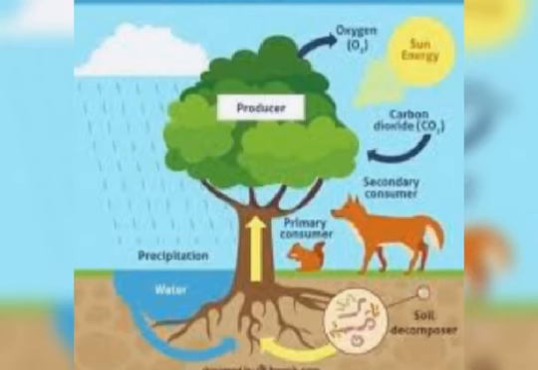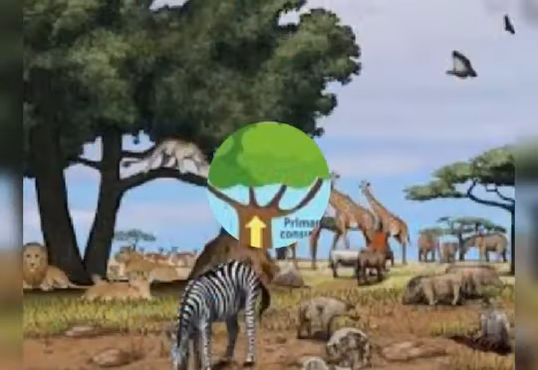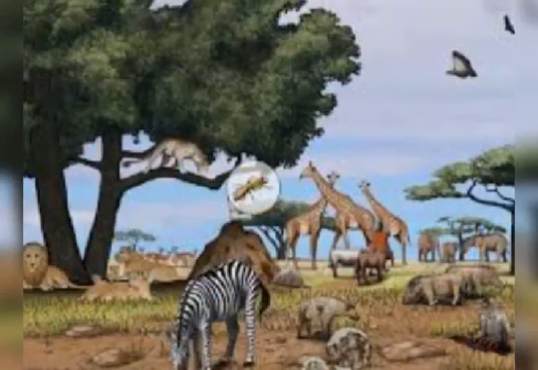So this biotic plant depends upon the abiotic factors. Now this plant is growing. This plant grows not only for beauty, but it has energy in it which is taken by the herbivores. The herbivores in turn are eaten by the carnivores. The carnivores are in turn eaten by the top carnivores.